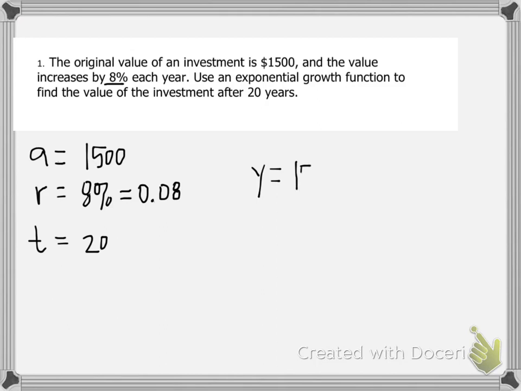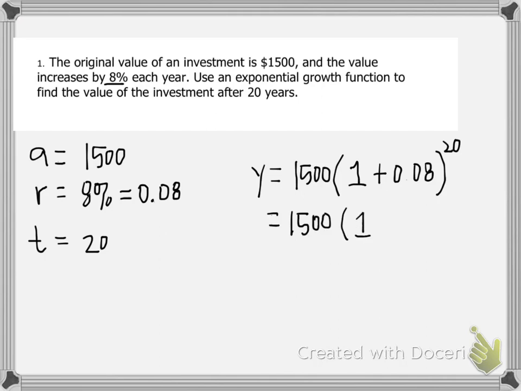So it's going to be 1,500 times 1 plus 0.08, and then all of that is going to be raised to the 20th power. Okay, so you're going to have 1,500 times 1.08.